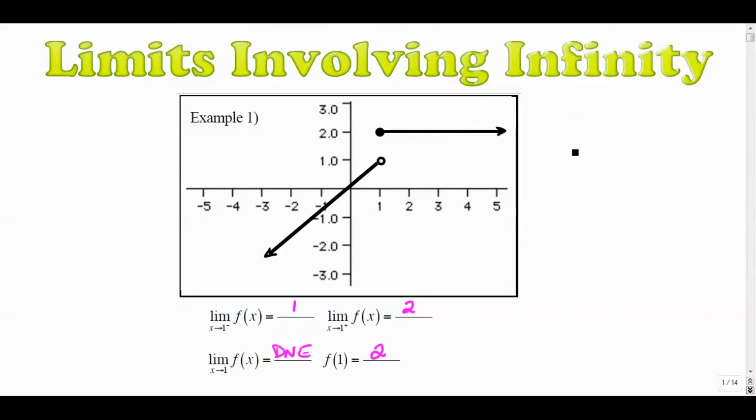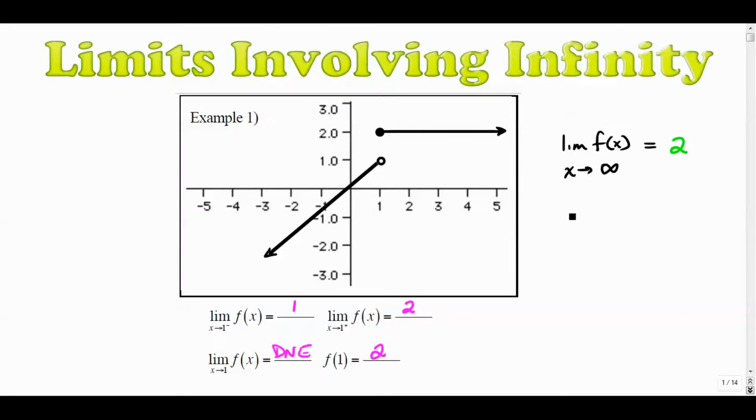Now if I were to ask you what's the limit of the function as x approaches positive infinity? Well, as x approaches positive infinity, we're going that way, the graph is a constant at 2, so that answer is still going to be 2.